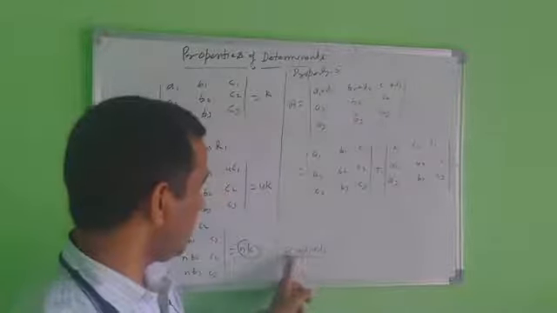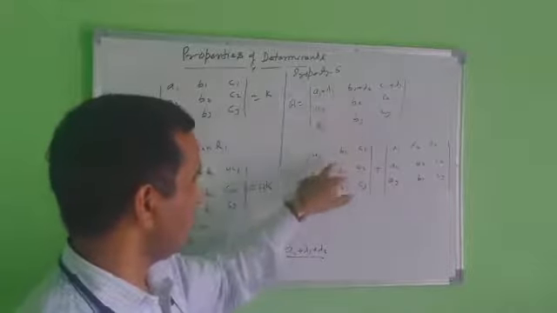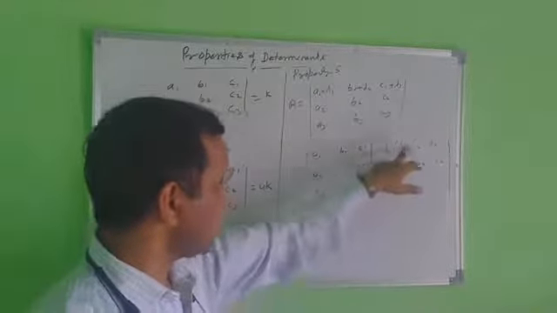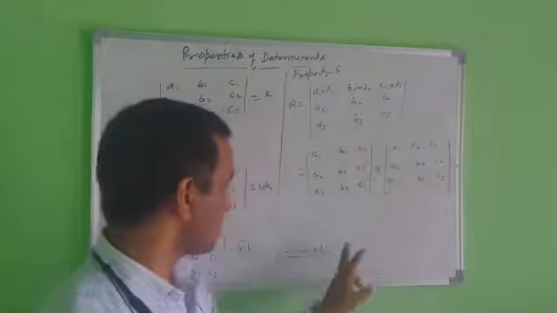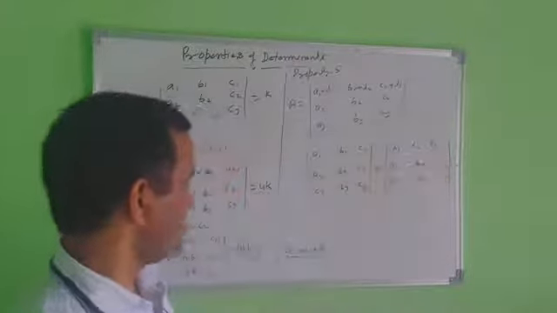Suppose you write a1, lambda 1, lambda 2. The first matrix is the same kind, the second matrix is the same kind, but in the third matrix you write lambda 2, lambda 2, lambda 2. In this way you can write.